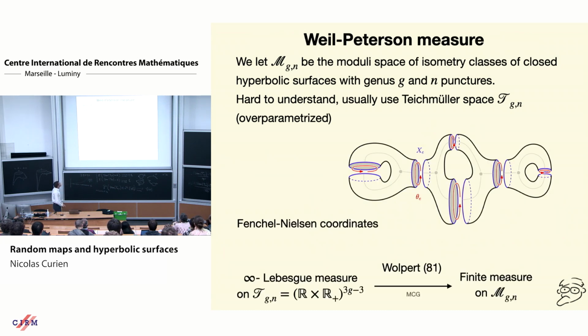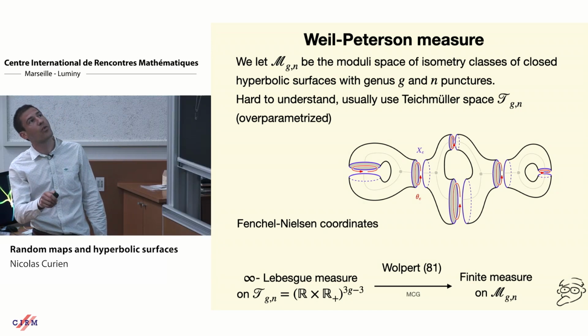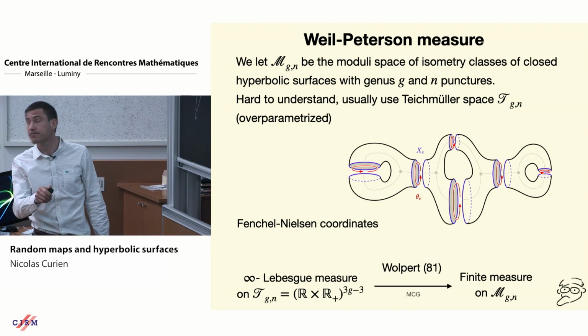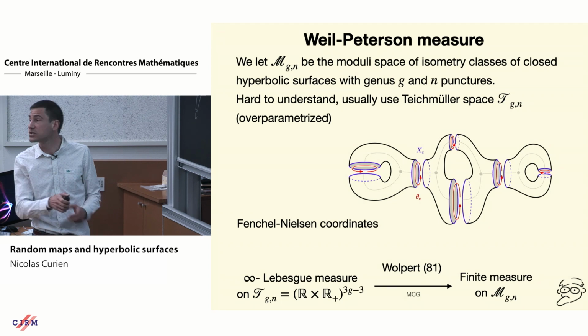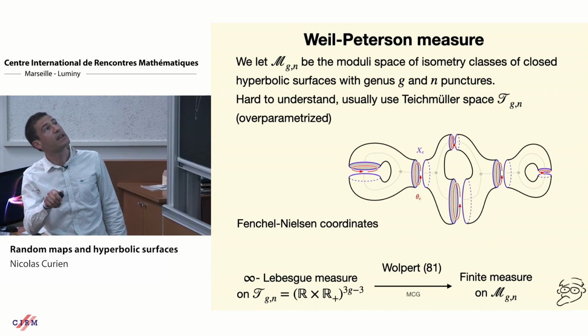There are many ways to do that, but one convenient way is to use this coordinate system. So once you have your trivalent graph, for each of these blue circles here, you have a parameter which I call x_e, which is the length here. And you have a parameter theta_e, which is the amount of twist you need to turn before gluing. These are called the Fenchel-Nielsen coordinates. And once you have specified in gray the trivalent graph here, you have how many parameters?